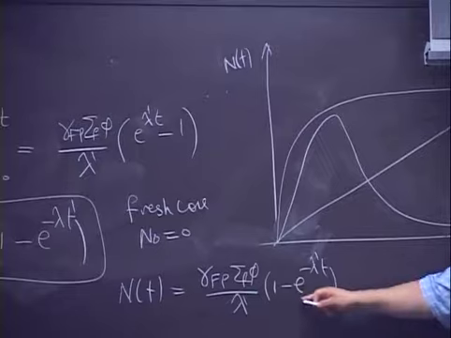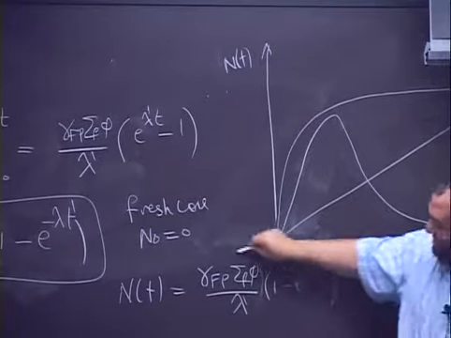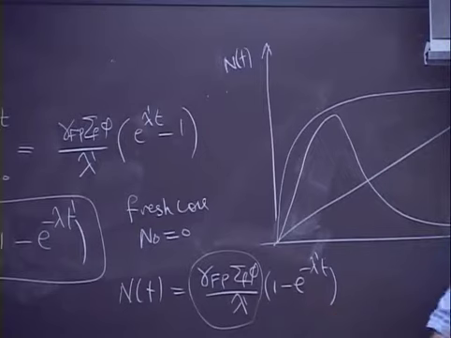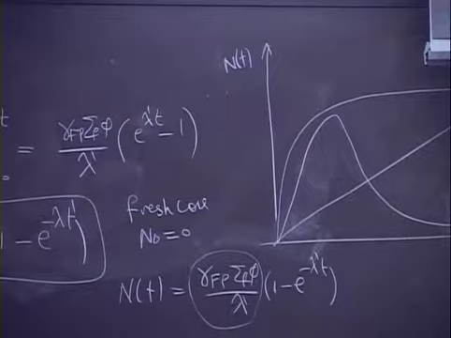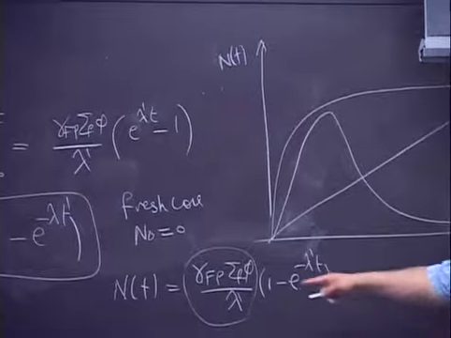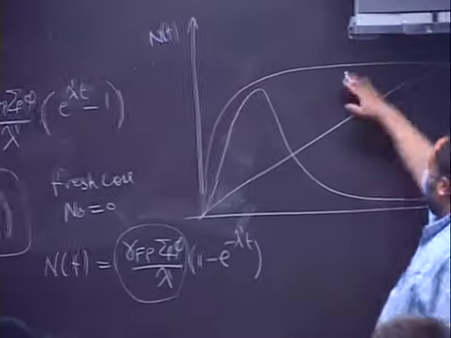This term will be 0, and you will get the initial value here. It's called the saturated activity or saturated number density. You will never increase this number density further. Okay, guys? This is the asymptotic value.